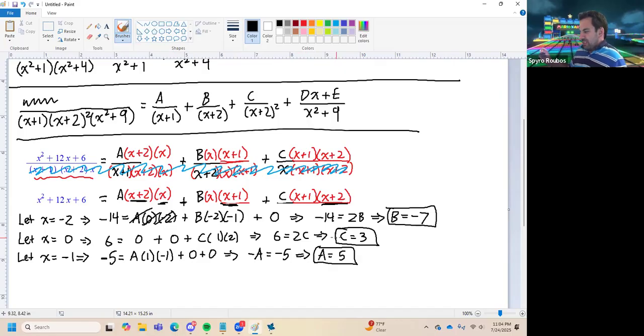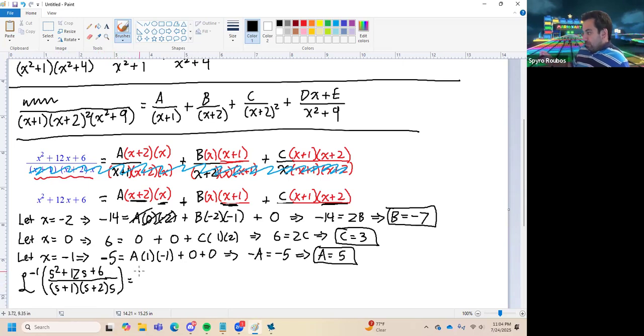If you're asking, yeah, but why do we care? Why is this important for us? Say we wanted the Laplace inverse of, I'll write this all with s's, s squared plus 12s plus 6 all over s plus 1, s plus 2, and s.